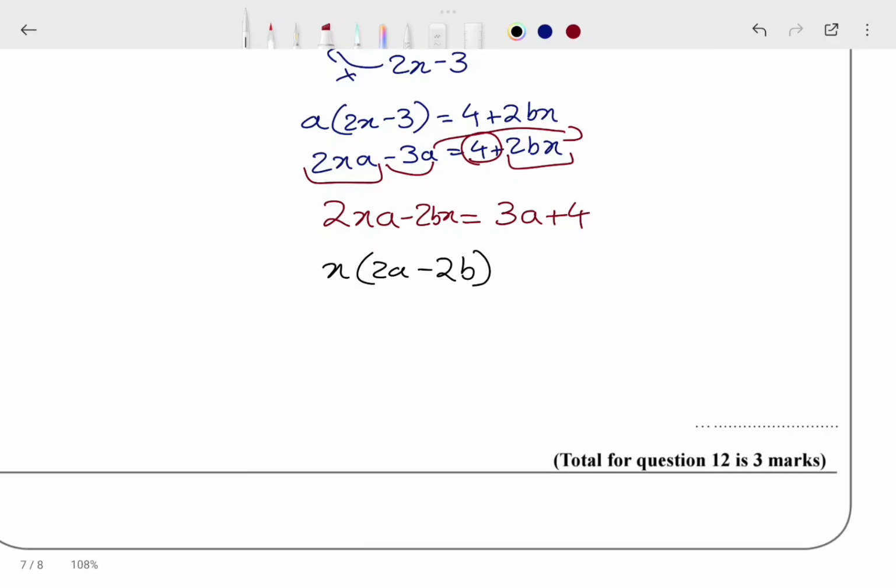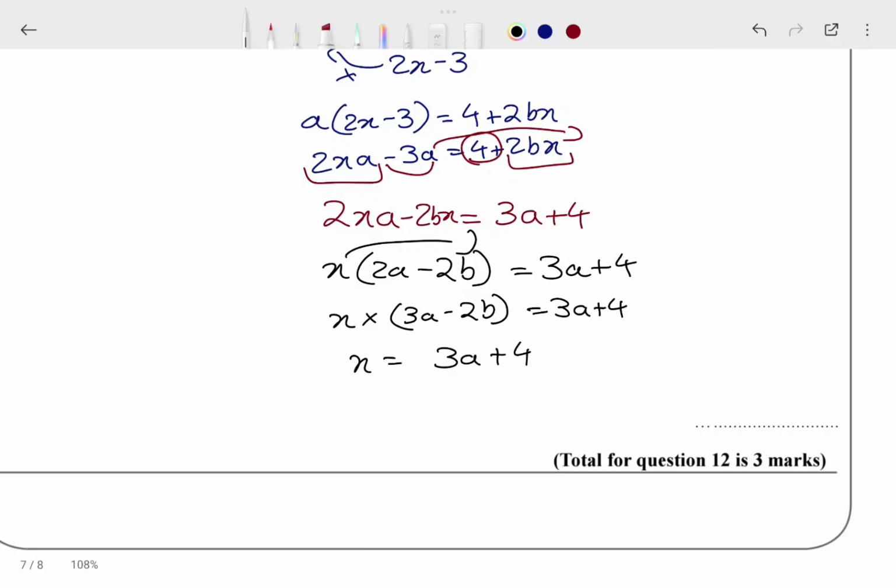If we multiply x with 2a, it gives 2xa, minus, if I want to get rid of 2bx, I write x times 2b, which when I multiply them, I get 2bx, is equal to 3a plus 4. Now remember that when there is nothing between them, they are multiplying. So x is equal to (3a plus 4) divided by (2a minus 2b).